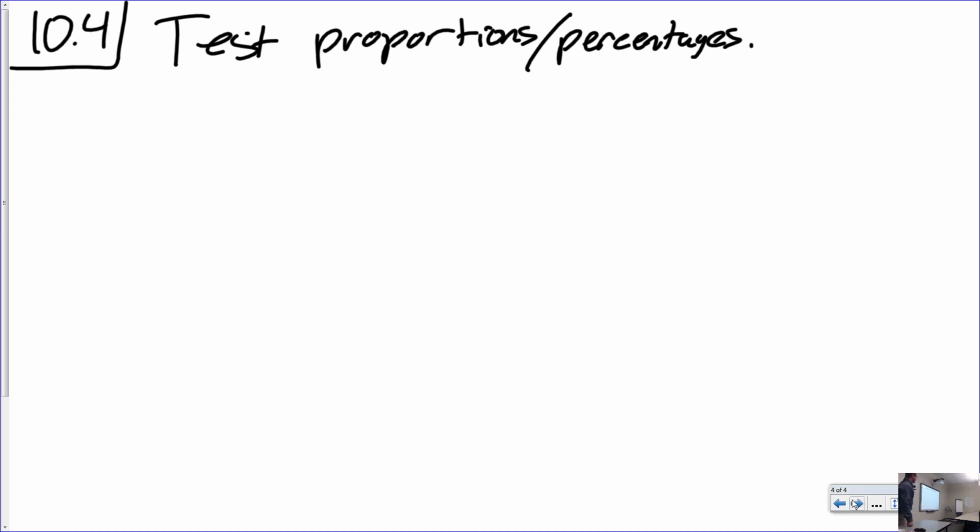Yeah, there were some weird ones in there with dependencies. 10.4 is testing whether a proportion is actually going to be more or less or equal to a specific value. Same sort of stuff that we were working with before, just now we're going to be dealing with p's and p hats instead of mu's and x bars.